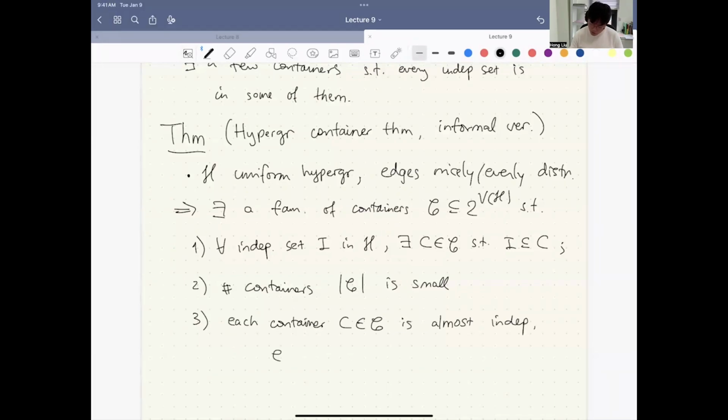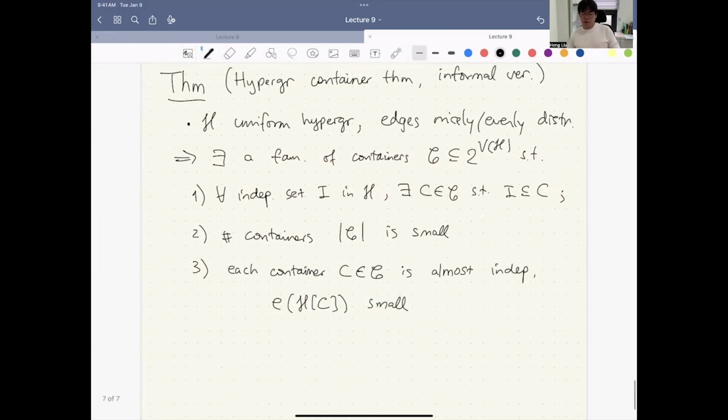In other words, the number of edges spanned by C is small. The third one is useful because oftentimes it can be combined with a removal lemma to split up the container, saying, okay, the container consists of some junk sets of negligible size plus the majority of it is a genuine independent set.